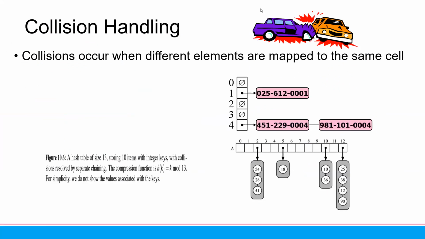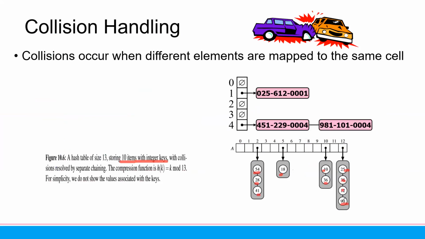So in this case, we have a hash table of size 13. What is the meaning of size 13? We have 13 cells: 1, 2, 3, 4, 5, 6, 7, 8, 9, 10, 11, 12, 13. And then I have 10 items, so this is item 1, 2, 3, 4, 5, 6, 7, 8, 9, 10.